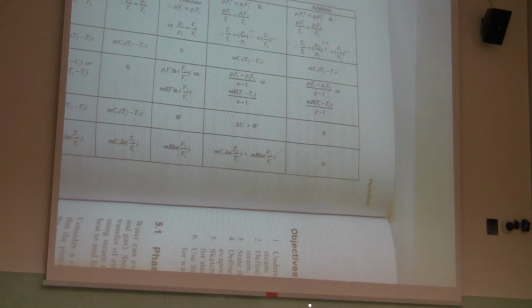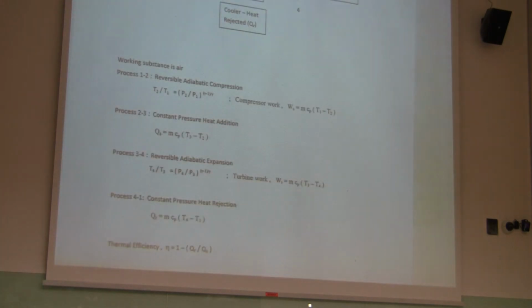Reversible adiabatic. Can you see now these 3 equations? So now the thing is very simple for you. This formula allows you to find temperature and pressure. Okay? Alright, so this one is during the compression.